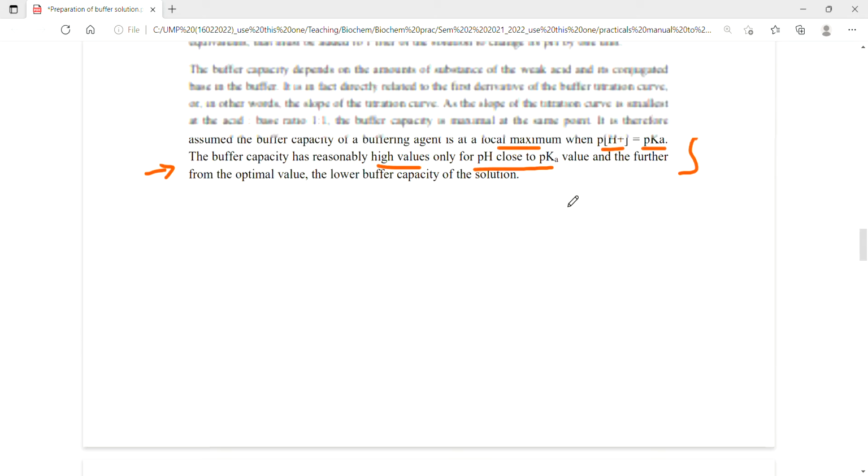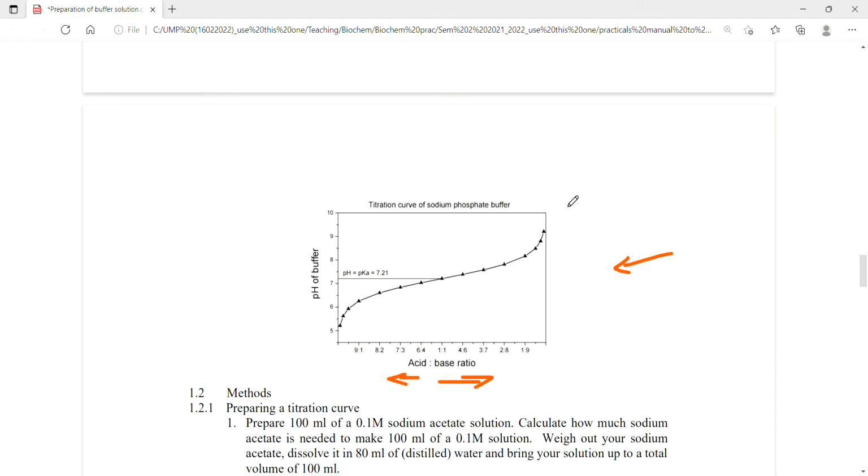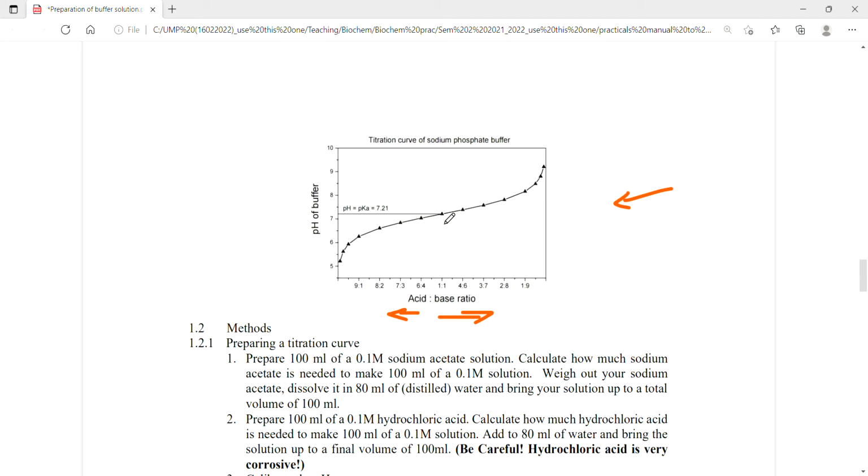Based on this explanation, the buffering capacity should be the strongest here. That means when you add, say, 1 molar hydrochloric acid, it will withstand changes, so there is not so much change in the buffer pH.